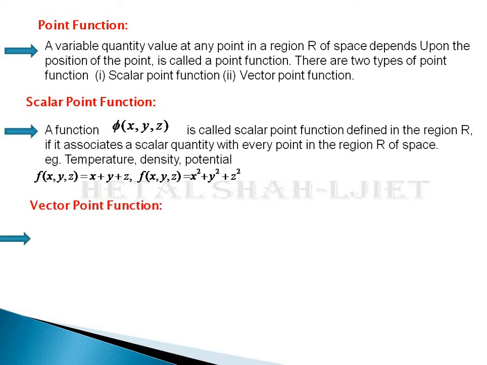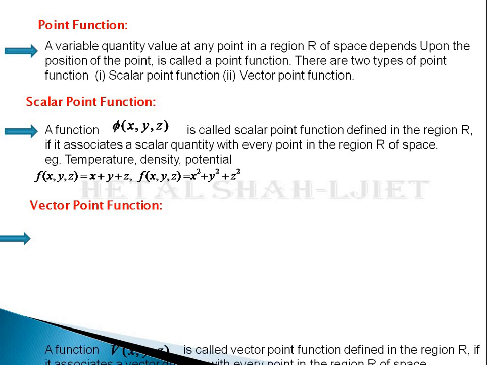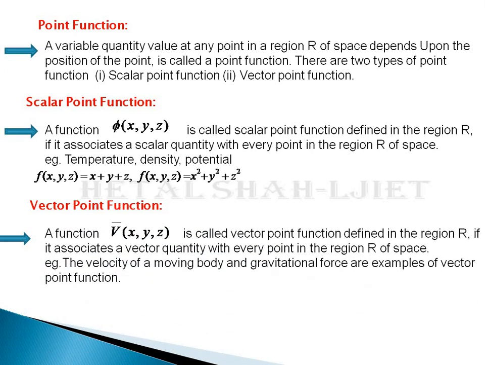Now one more definition is vector point function. A function b bar of x comma y comma z is called a vector point function defined in the region R if it associates a vector quantity with every point in the region R of space. Examples: the velocity of a moving body and gravitational force are examples of vector point functions.